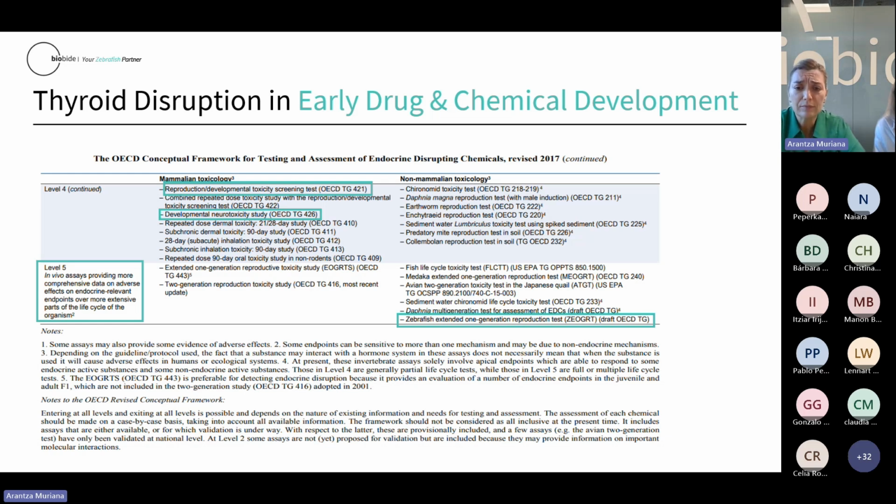But apart from that, other zebrafish assays could be included in those levels, as we mentioned, if we combine different assays mentioned in those tables. And that's our purpose: to validate the thyroid inhibition assay in zebrafish that can be done in a high content screening manner to detect thyroid inhibitors in tier 1.